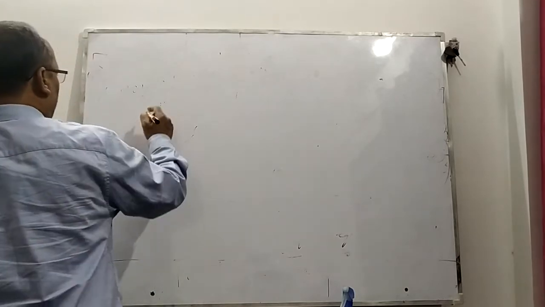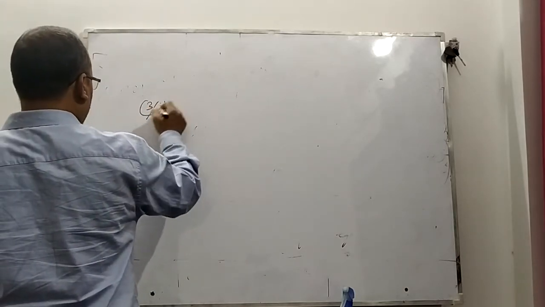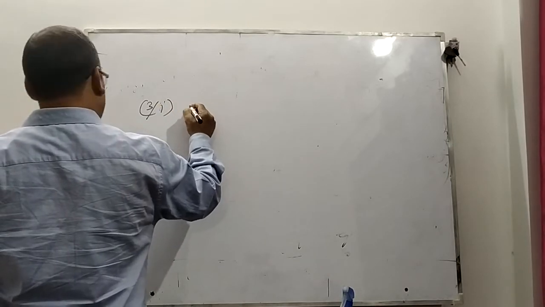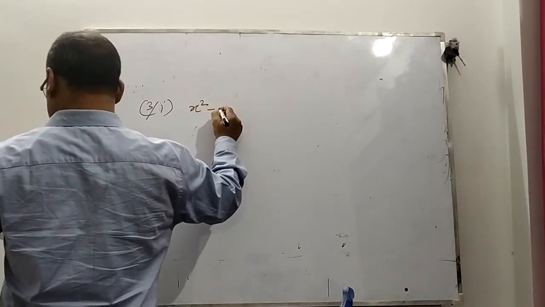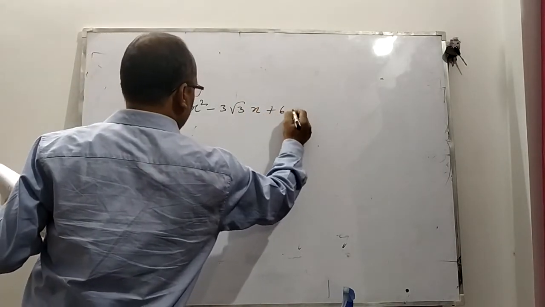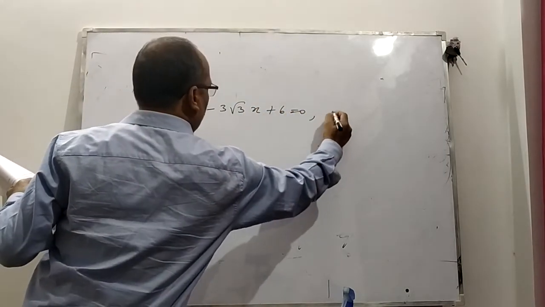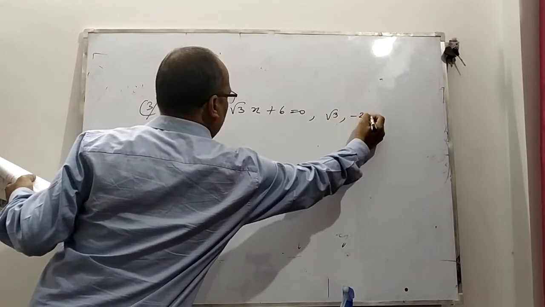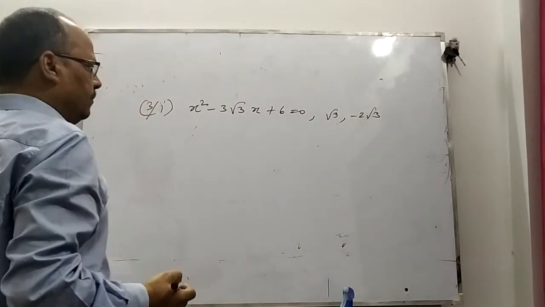Okay, one question I am going to do. Question number third, first: x square minus 3 under root 3 x plus 6 equal to 0. What are given? Root 3 and minus 2 root 3. This is given.